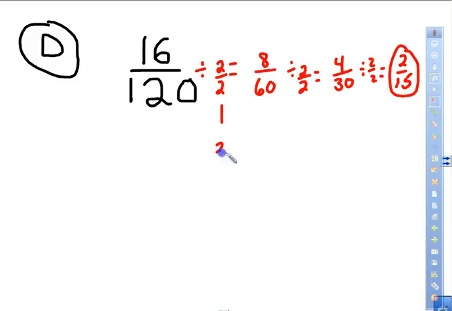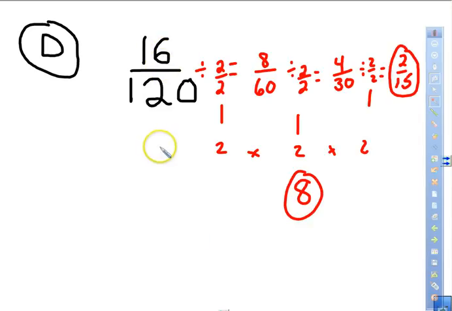So if we take the 2's and multiply them together, you see that you get 8. So the greatest common factor for this would have been 8. Now many of you might have seen very easily from the very beginning that 4 goes into 16 and 4 goes into that 120. So then you might have gotten up to this point to 4/30 and then had to reduce it by 2.